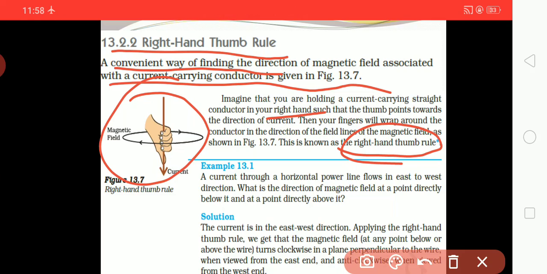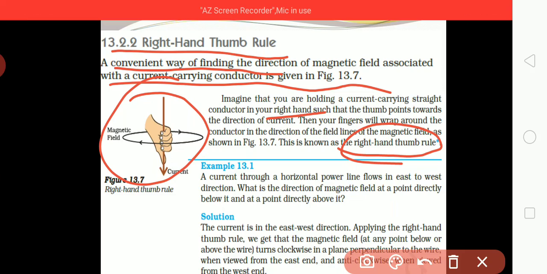Imagine that you are holding a current carrying straight conductor in your right hand, and we point our thumb in the direction of the current, and our fingers grip the conductor in the direction of the field line of the magnetic field.